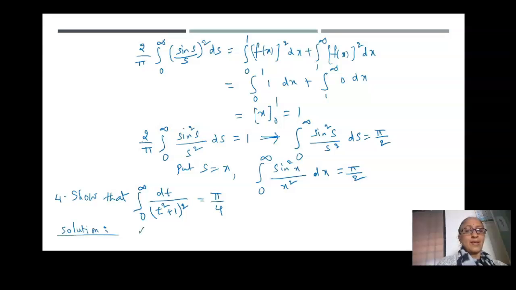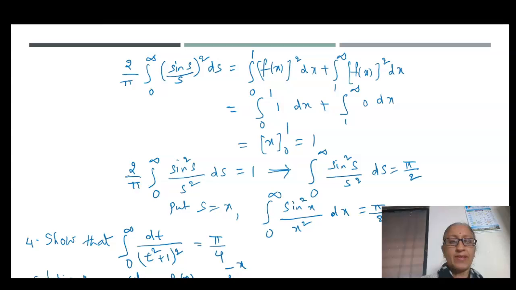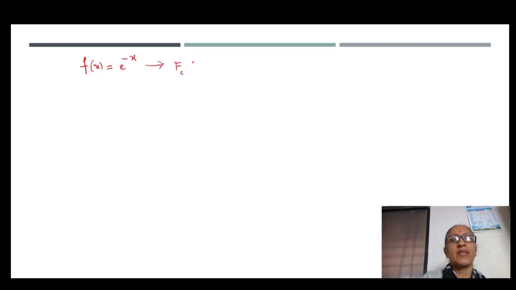Let f of x equal to e power minus x. We have seen that for the function f of x equal to e power minus x, the Fourier cosine transform Fc of s equals 1 by s square plus 1.